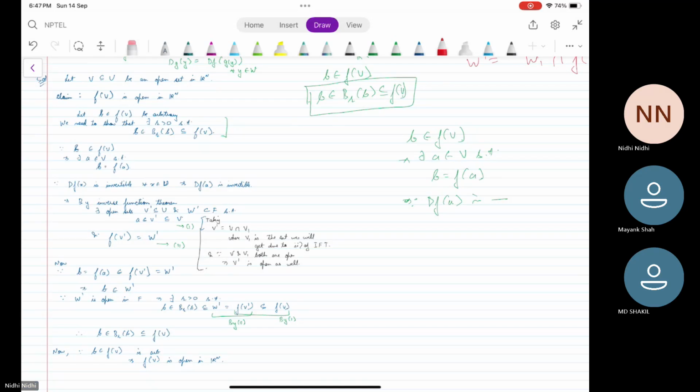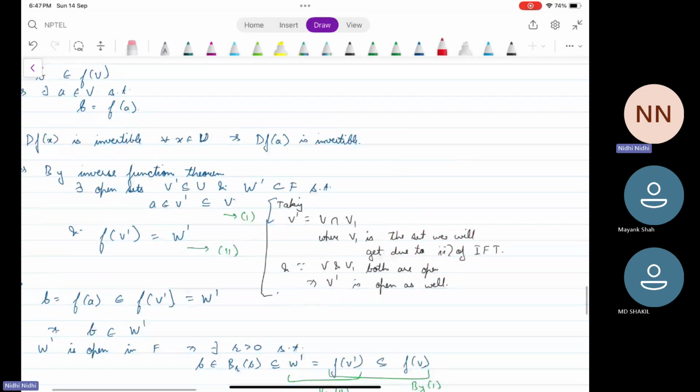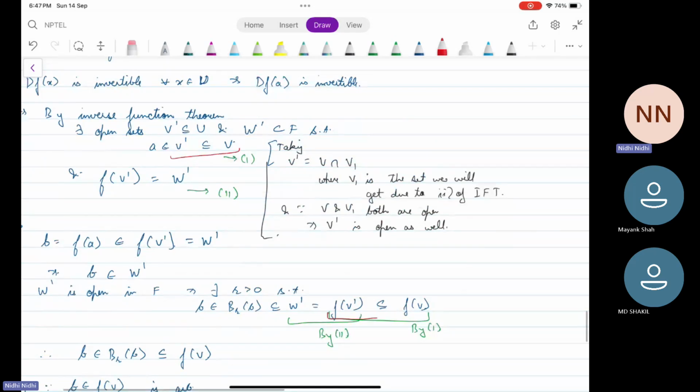Why are we taking the intersection? So that I get this V prime to be a subset of V, so that from here I get this ball is contained in F of V. Oh, okay, okay.